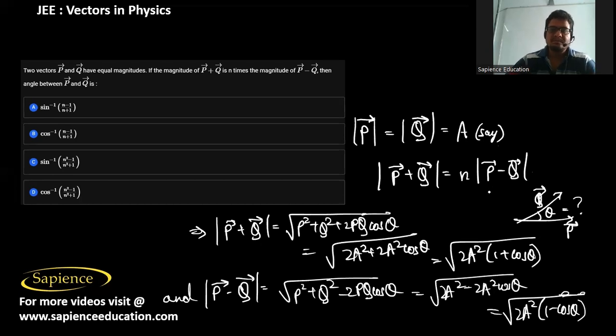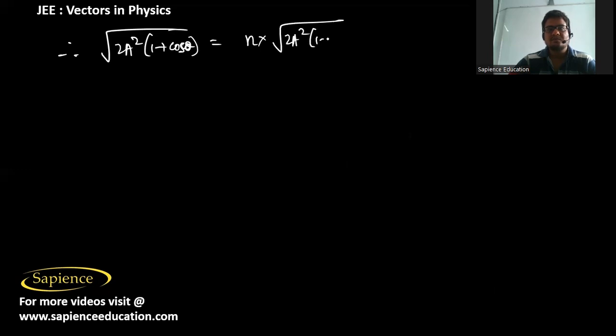It is told the magnitude of P plus Q equals n times the magnitude of P minus Q. So therefore we can say the square root of 2A square into 1 plus cos theta is equal to n times the square root of 2A square into 1 minus cos theta.